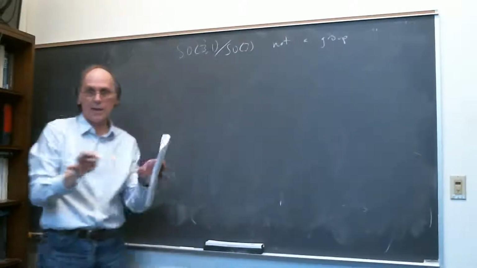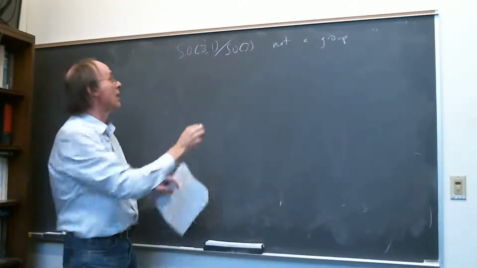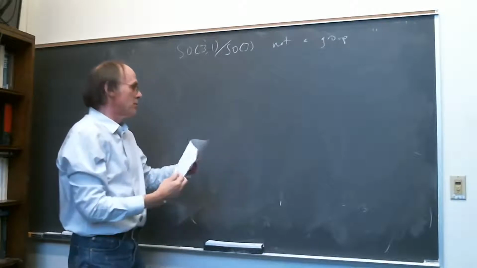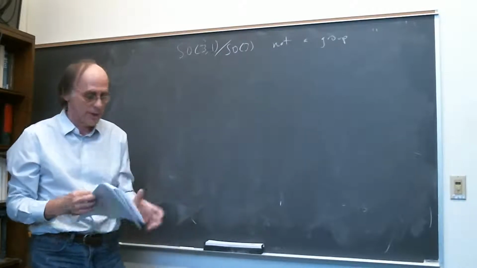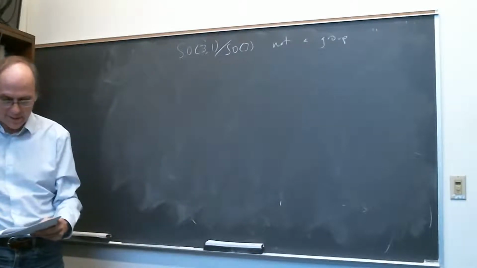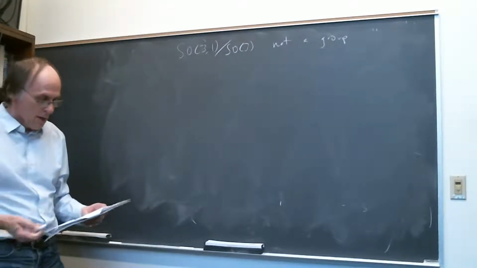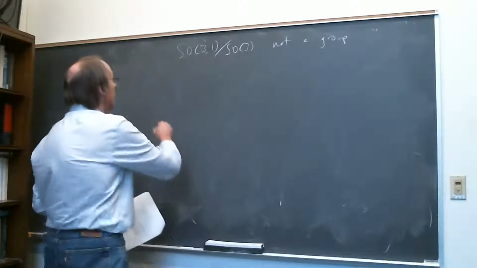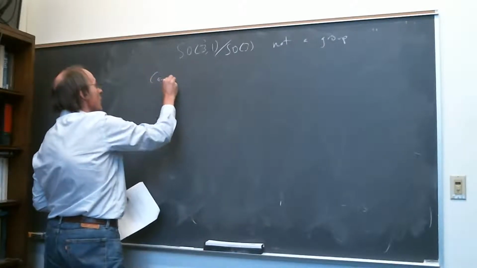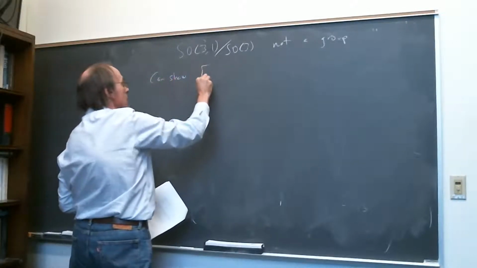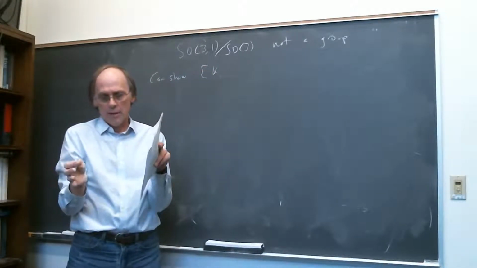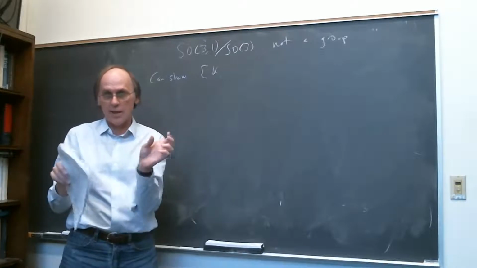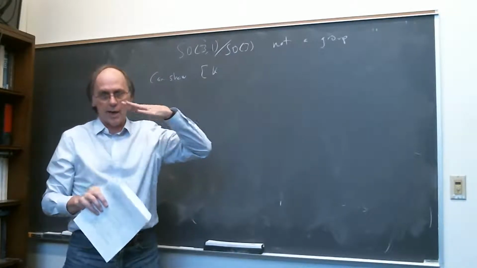You can't think of those boosts as giving you a group, because the problem is really just that K1... you can start computing the commutation relations of the L's and K's, which basically tell you that K.